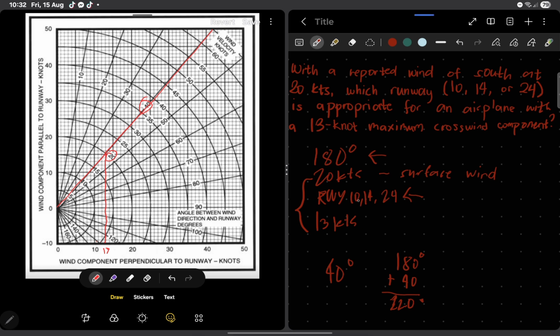Do we have any runway 22s? We have runway 10, runway 14, runway 24. We do not have runway 22. So let's subtract it. Minus 40, which is 140 degrees. Do we have a runway 14? Yes, we do. So our answer is runway 14.